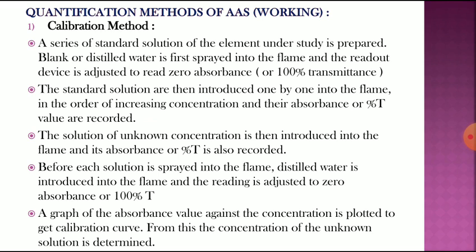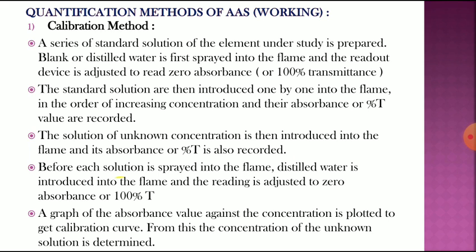Then after the standard solutions, the solution of unknown concentration is introduced into the flame and its absorbance or percent transmittance is also recorded. That means after the standard solutions we again put our unknown sample solution and measure its absorbance or percent transmittance.